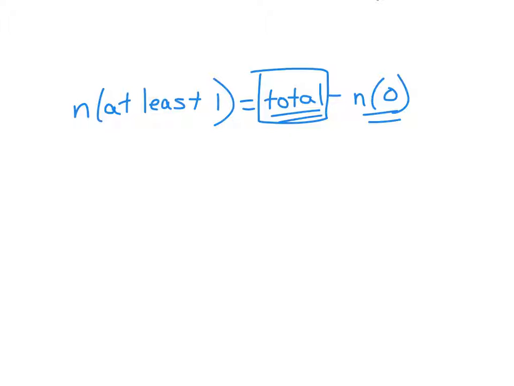Yes, it is. So I'm going to draw blanks. How many blanks? 10 blanks. 1, 2, 3, 4, 5, 6, 7, 8, 9, 10. How many ways can each blank be filled out? 2 ways. So do you see that the total is going to be 2 to the 10th power, whatever that is?